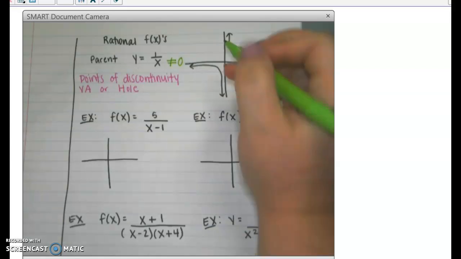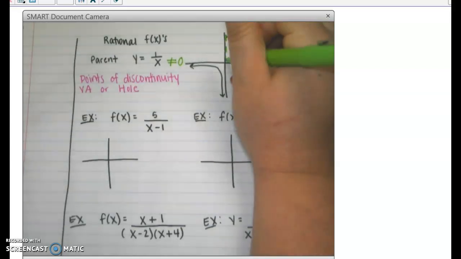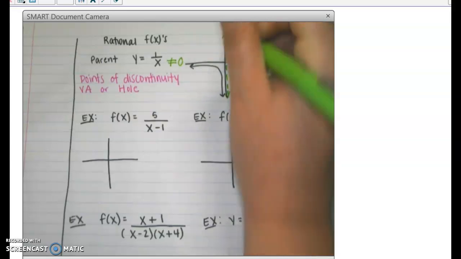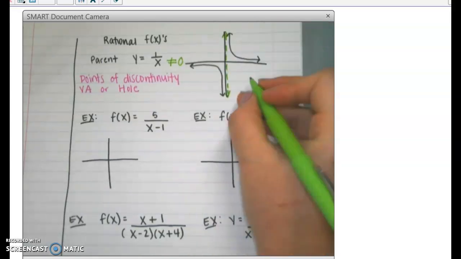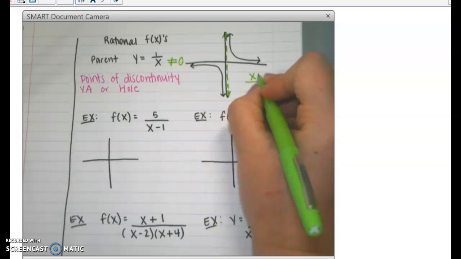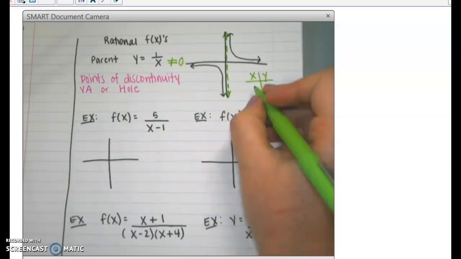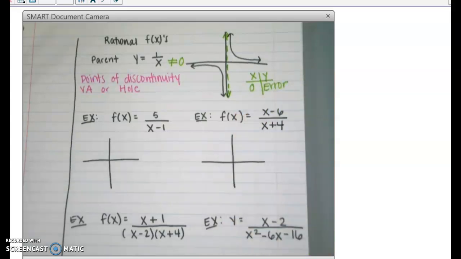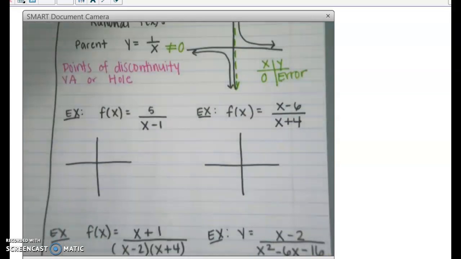So it creates a gap in the graph because we literally have to skip over that number. If you were to look at the table, when x was 0, the y column would say error. It's impossible to figure out that value.